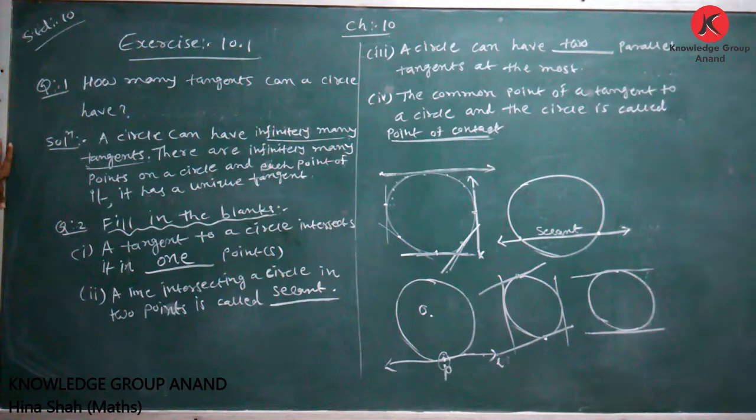A line intersecting the circle in 2 points is called a secant. A circle can have 2 parallel tangents at the most. And the common point of a tangent to a circle and the circle is called the point of contact.